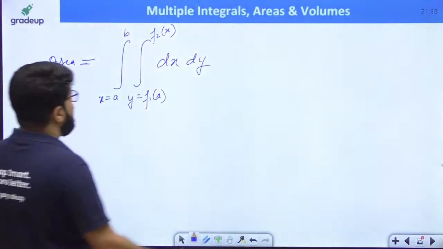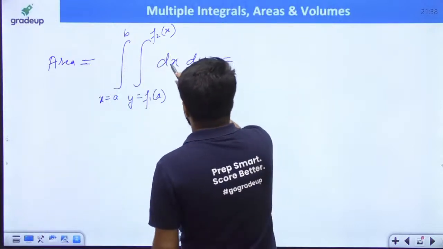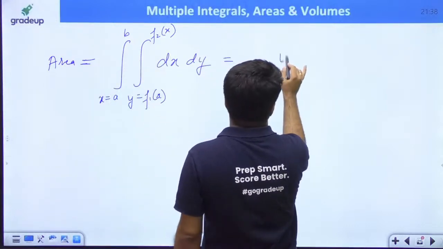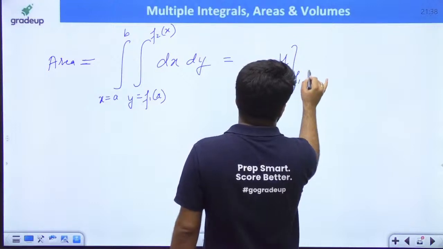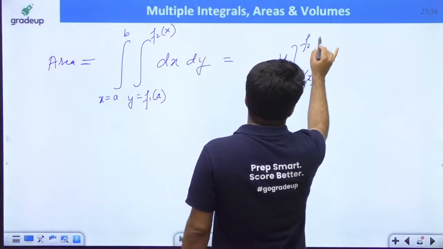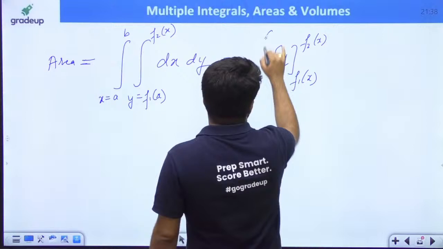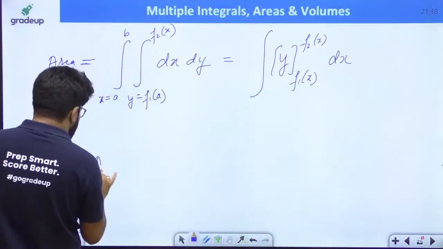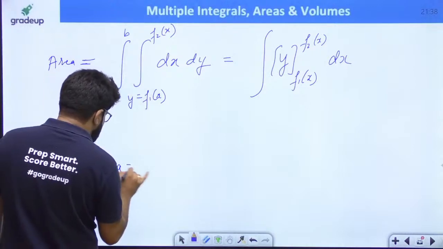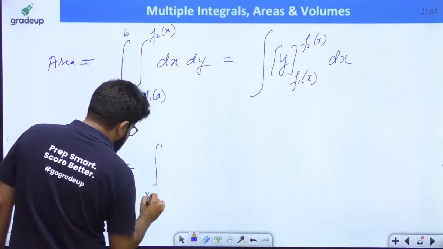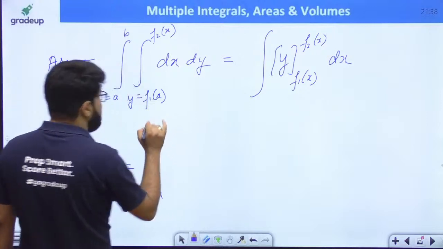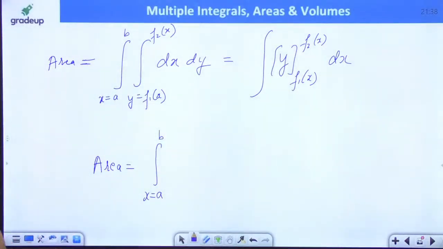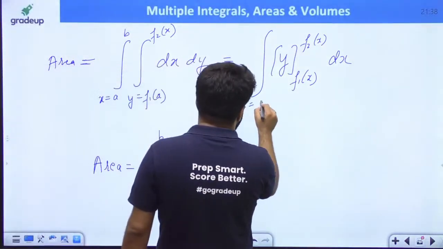And that is equal to, first the limit of y depends on x, so we will integrate with y, lower limit f1(x), upper limit f2(x), integral dx. Now, hence this area, guys, is also equal to integral x equal to a to b. One of the very common application of the definite integral, area under the curve.